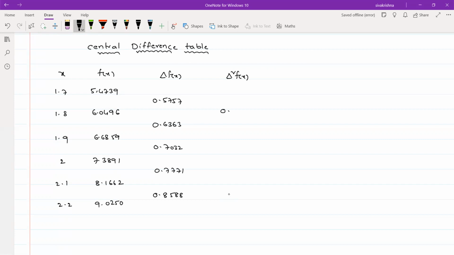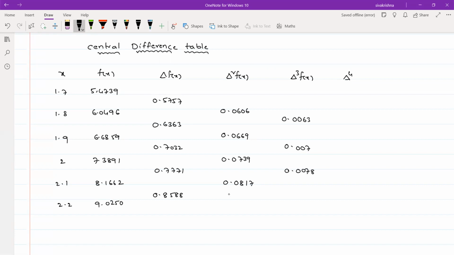The second differences are 0.0606, 0.0669, 0.0739, and 0.0817. Similarly, the third differences are 0.0063, 0.007, and 0.0078.